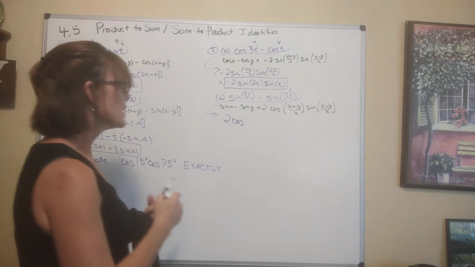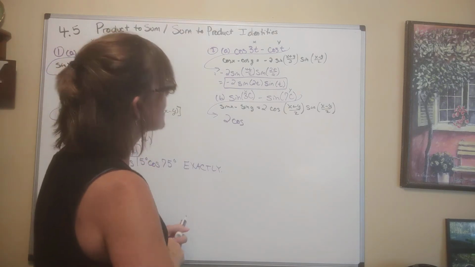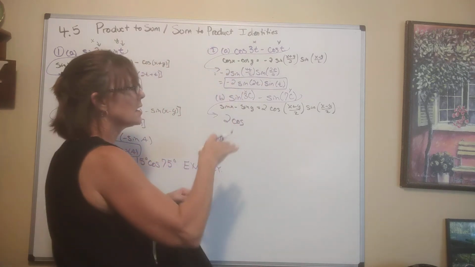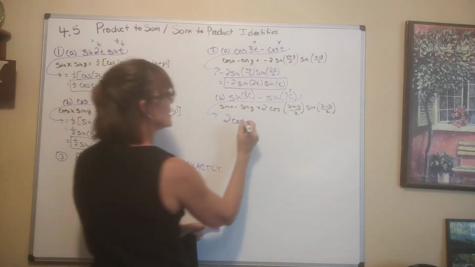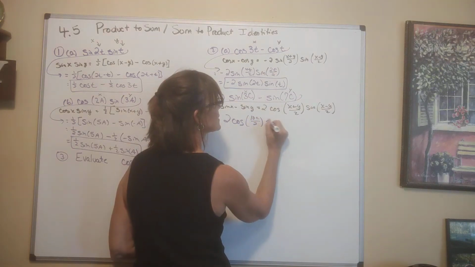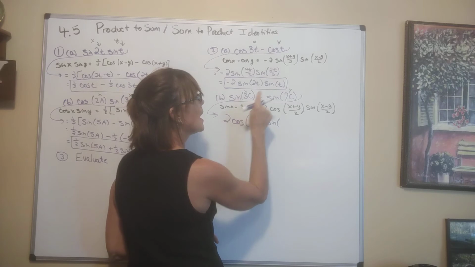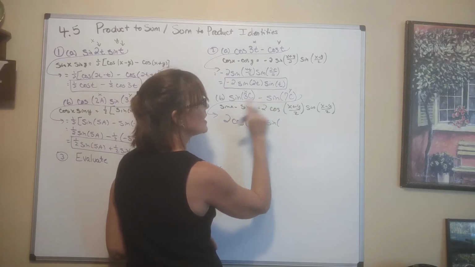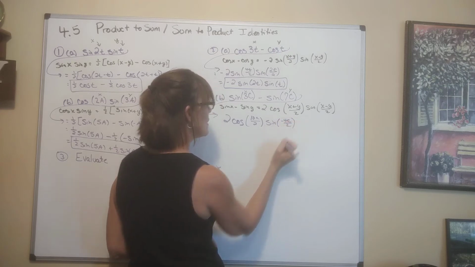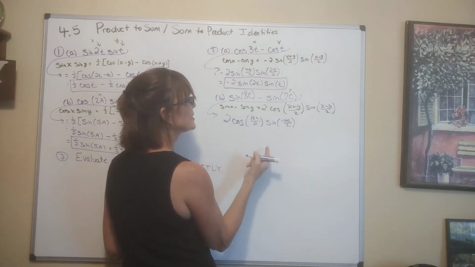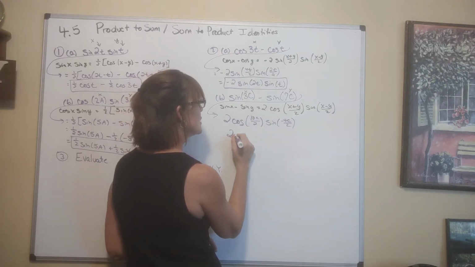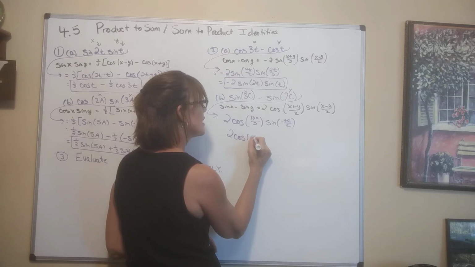So we have 2 times the cosine of x plus y over 2, or 3c plus 7c is 10c over 2, times the sine of 3c minus 7c, which is negative 4c, over 2. All right, let's clean this up. First thing I see I can do here is 2 goes into 10 5 times. So this is going to be 2 times the cosine of 5c.